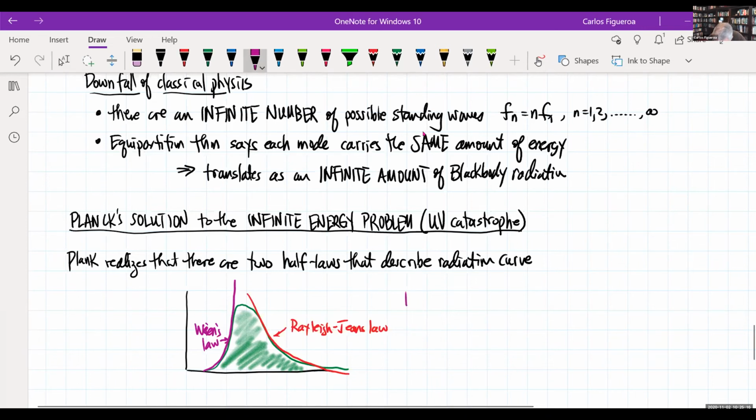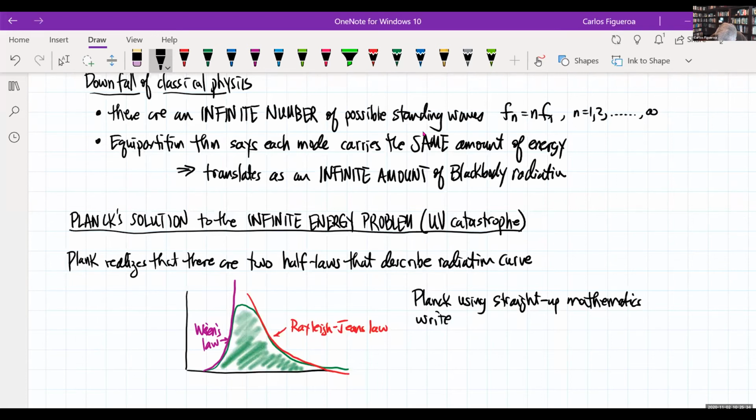So Planck, using straight up mathematics, writes down the exact equation that parameterizes this curve.